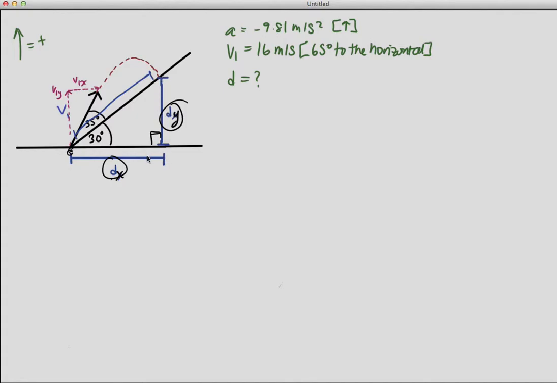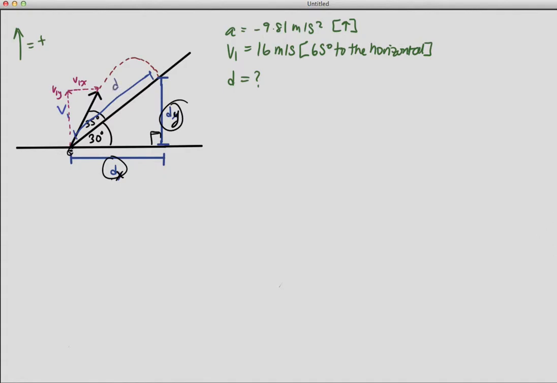So we can see that we have a right angled triangle here. So we can easily say that our x component, our horizontal component, squared plus the vertical component squared will give you our range squared. So that is what D is going to be. D is going to be our answer that we're looking for here.